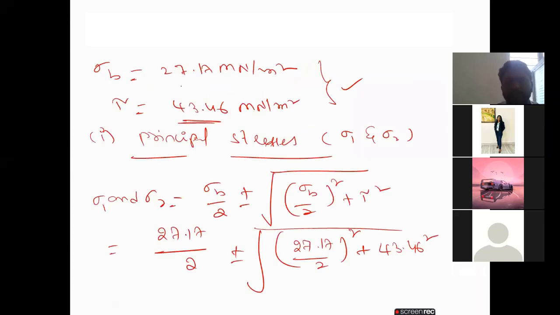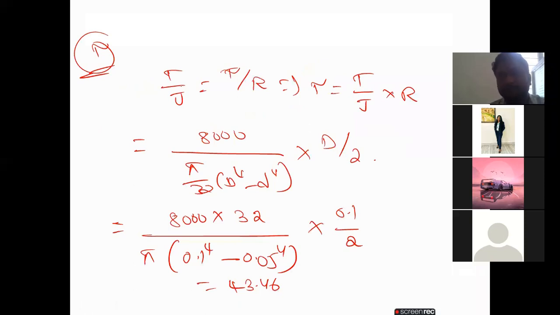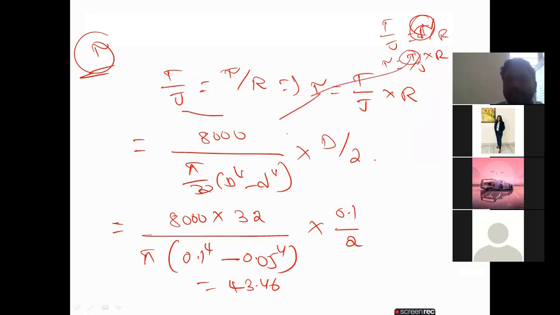So this tau value is nothing but, we know the torque formula, T by J equal to tau by R. Tau we have to calculate, so tau equal to T by J into capital R. The twisting moment 8000 is given. The J value is pi by 32 into D power 4 minus d power 4, and R value is D by 2.